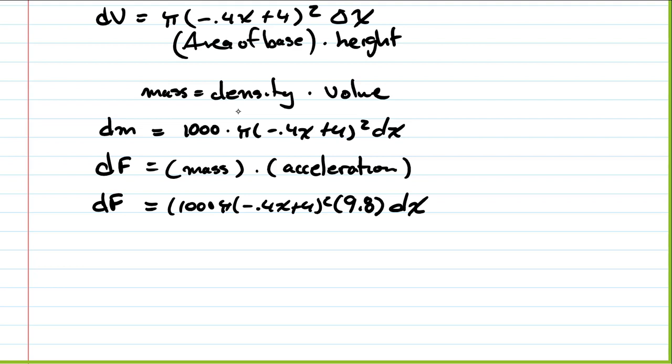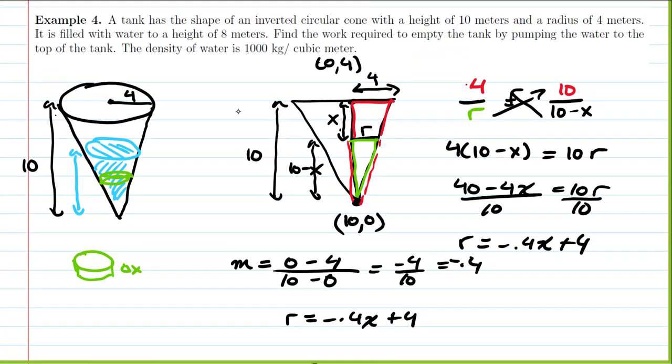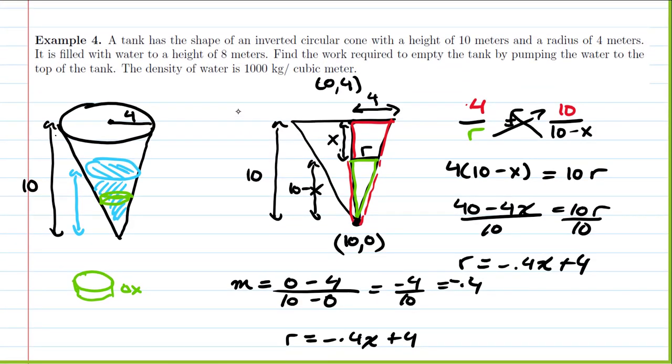We integrate. So our work is going to be the integral from a to b of dF, all of the change in our forces. So in our case, what are our limits of integration? Well, where did we start? At 0. And we have to go to 10. Or do I?